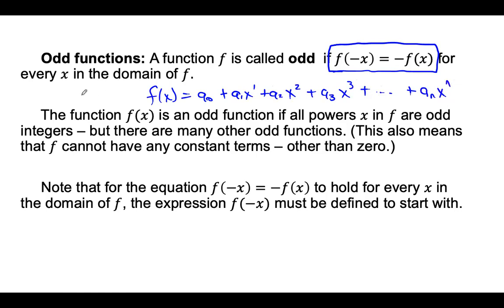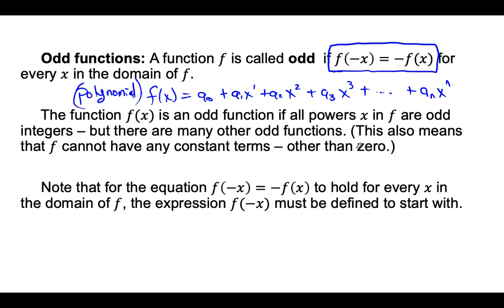So this is called a polynomial. And it's an odd function if all the powers of these x's are odd. So these variables, the x's are the variables, and the a's are basically the coefficients. So the powers of these variables in f are odd integers.